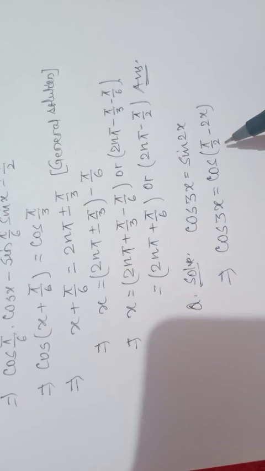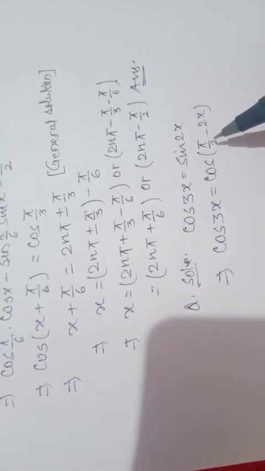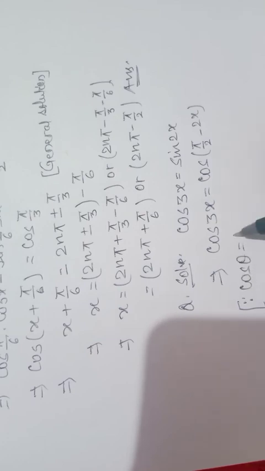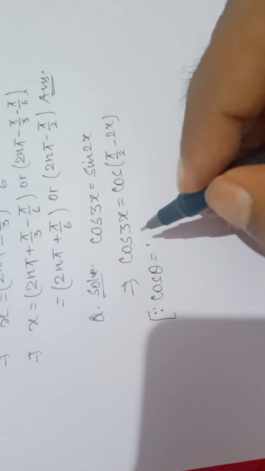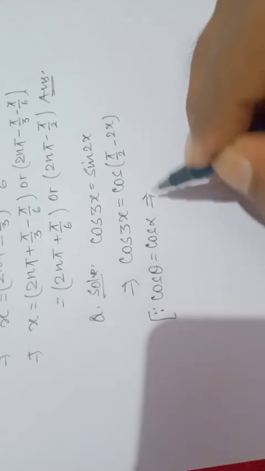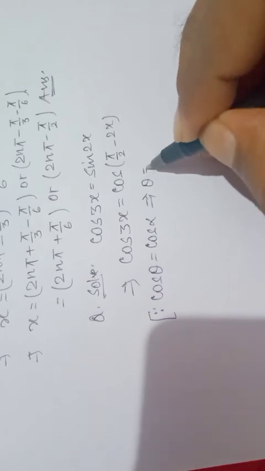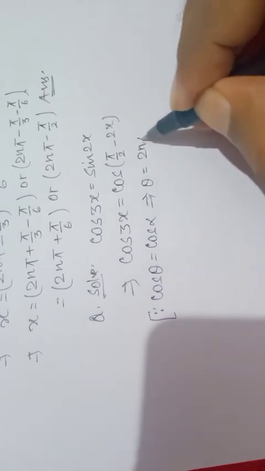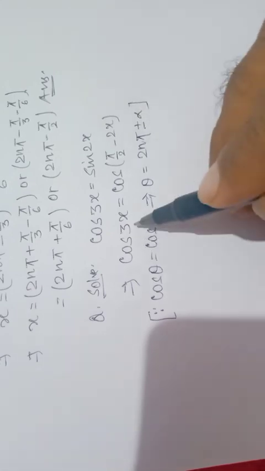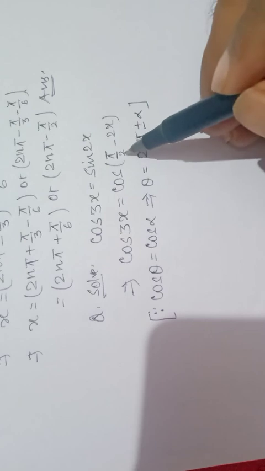Sin 2x should be written as cos of pi by 2 minus 2x. Apply here the formula: since cos theta is equal to cos alpha, it means theta is equal to 2n pi plus minus alpha.